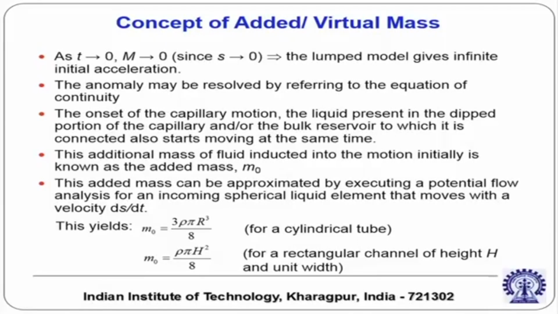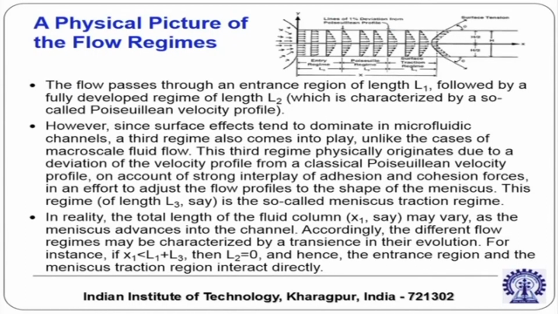We have discussed one limitation, and we have introduced the concept of the added mass or the virtual mass. Next, we will discuss the sanctity of the fully developed velocity profile consideration.